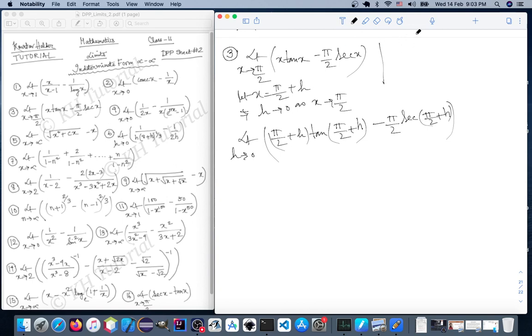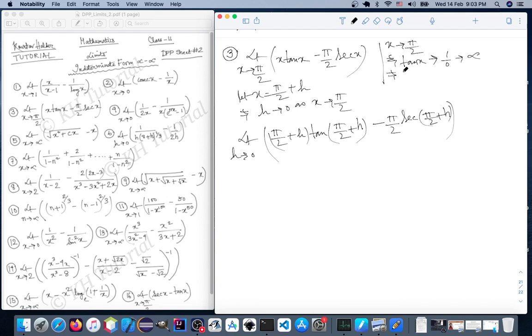Over here we can just check that it is of the form infinity minus infinity, because when x tends to pi by 2, tan x tends to 1 by 0, which tends to infinity.